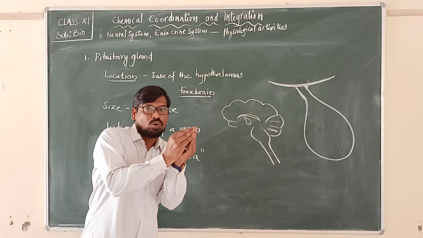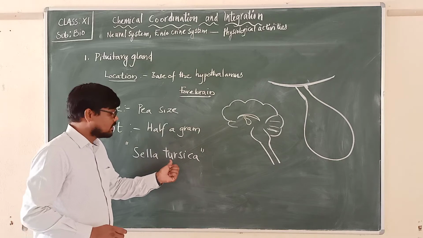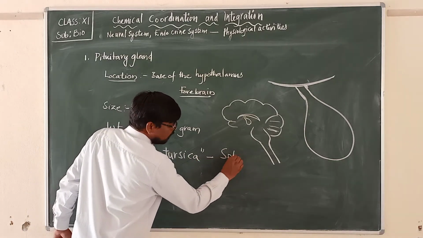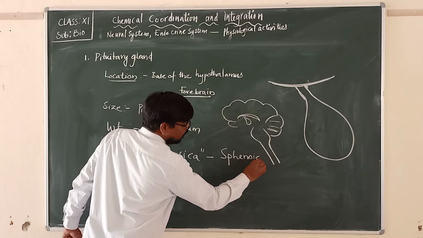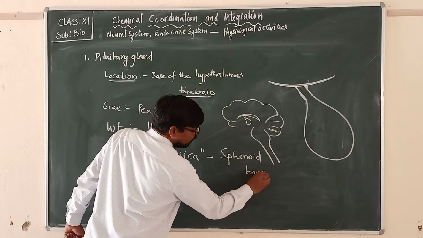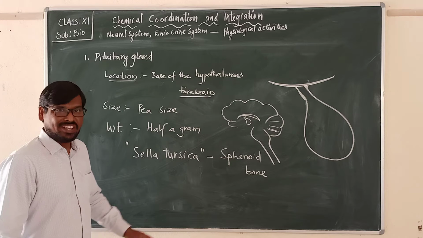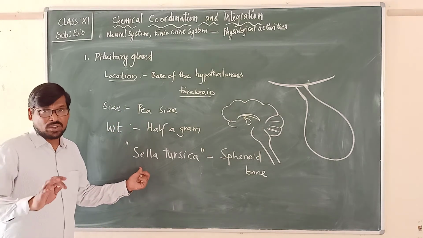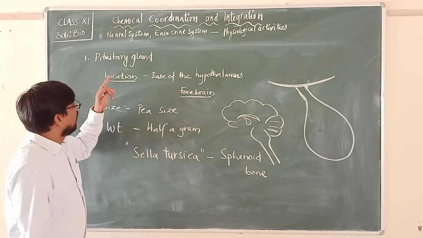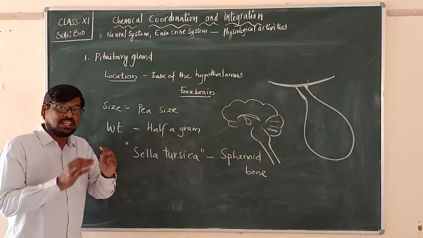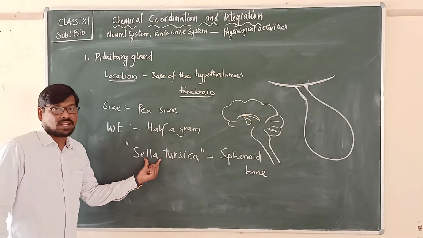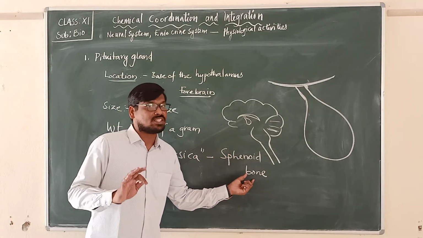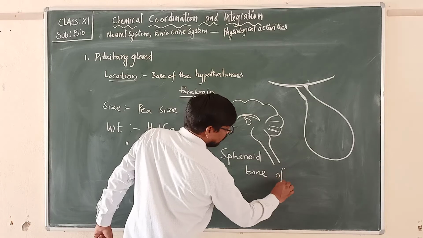It is enclosed in this bony socket called the sella turcica. Sella turcica is part of the sphenoid bone of the skull. So you have to remember that the pituitary gland is present in a bony socket called the sella turcica, which is part of the sphenoid bone of the skull.